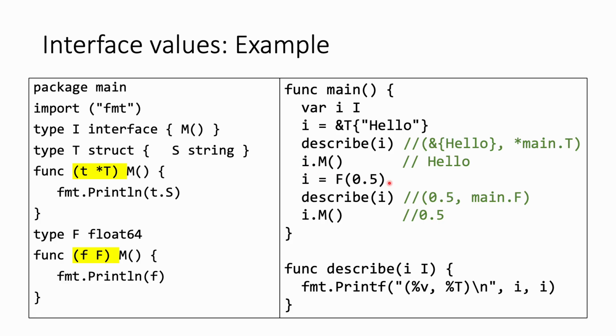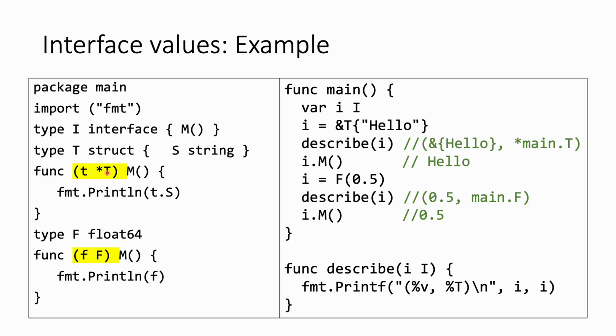In this program, we define an interface I which has only one method signature M. Then we define struct type T which has only one field S of type string, and define type F to be float64.